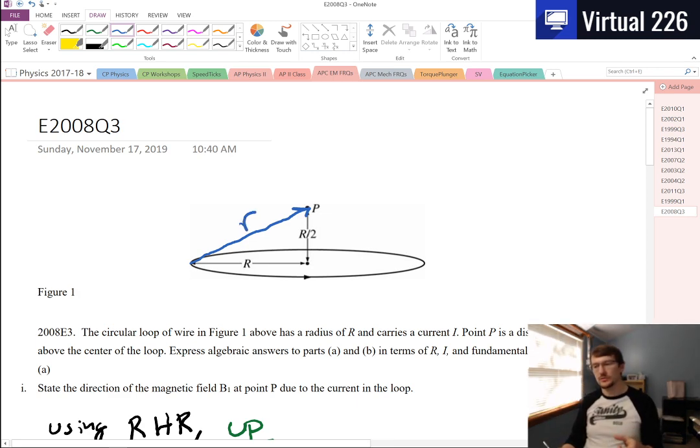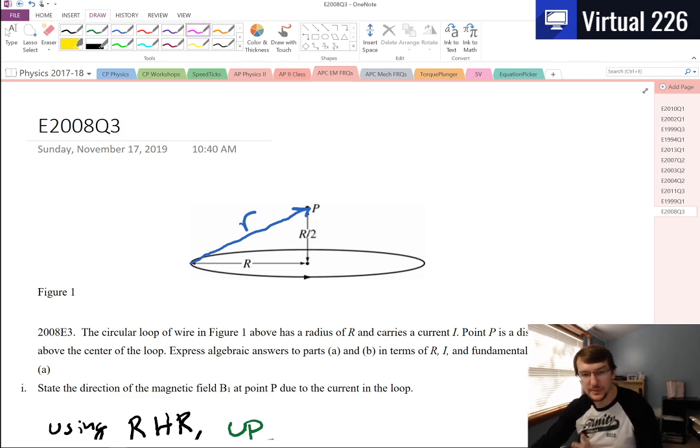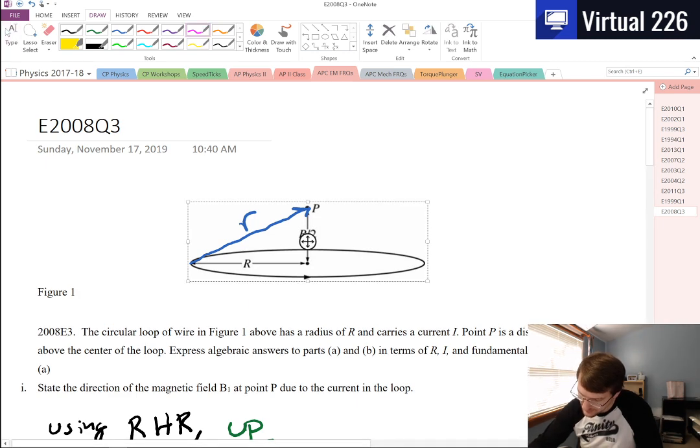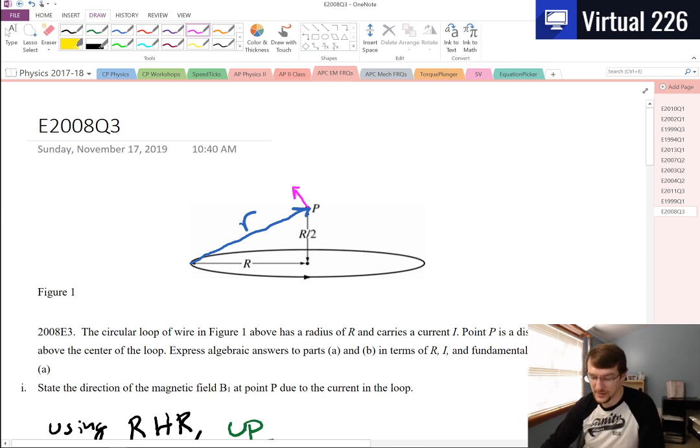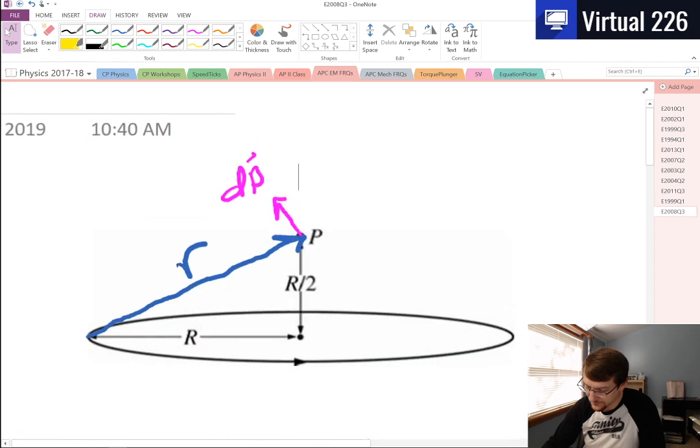That's the radial r vector that we care about. And if that is occurring there, then we know that this B field that is being created here is actually being placed perpendicular to it. Okay, this is a small segment of the B field, dB.